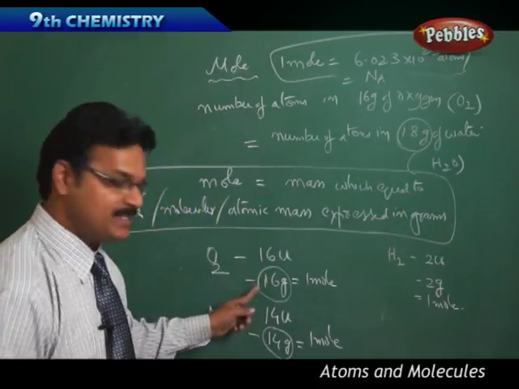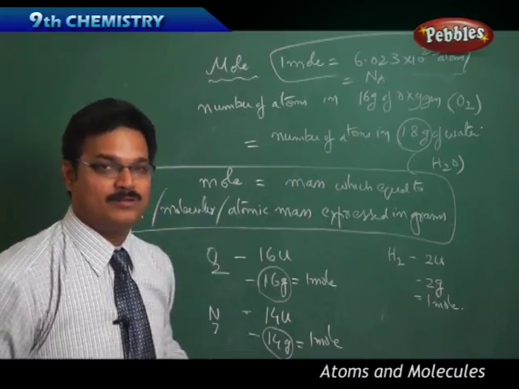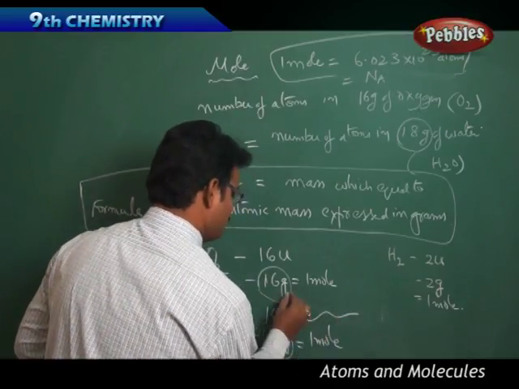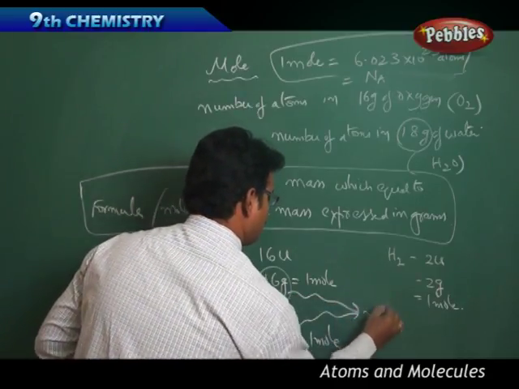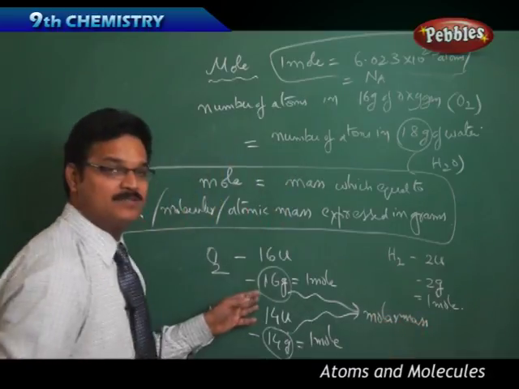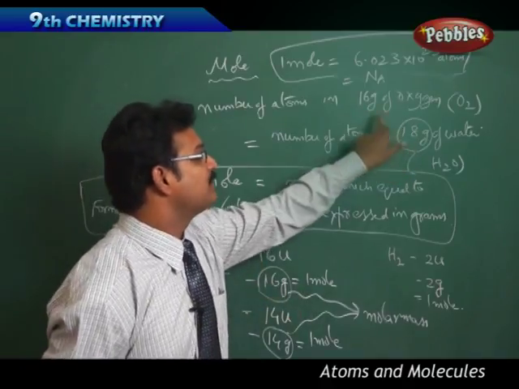When I circle 16 grams, 14 grams, 18 grams, this is also called molar mass, because we are taking that mass for moles. That is what is called molar mass.